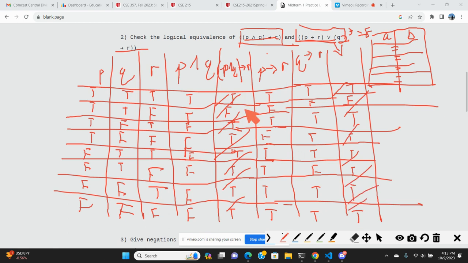So this is true, true, false, false, true, true, true, true, true, true, true, true, true, true, and true, true. So in this case, since every row lines up, this is logically equivalent. All right, so that's number 2.